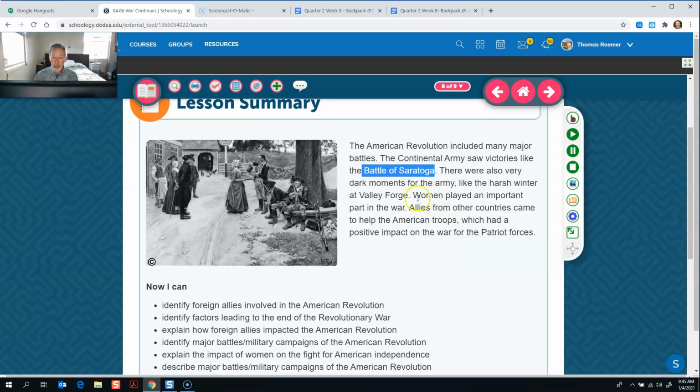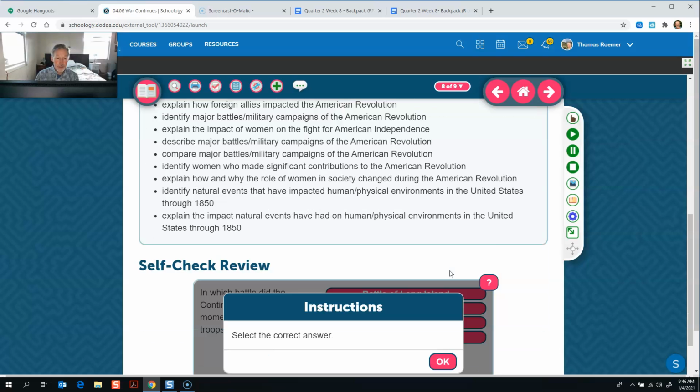Yikes, cold. And then you also have women playing an important part in the war. You can see this woman right here serving some water to this person, and that's a water pitcher. And then we also have allies, friends from other countries that came to help the American troops, which had a positive impact on the war. Lots and lots of objectives there.